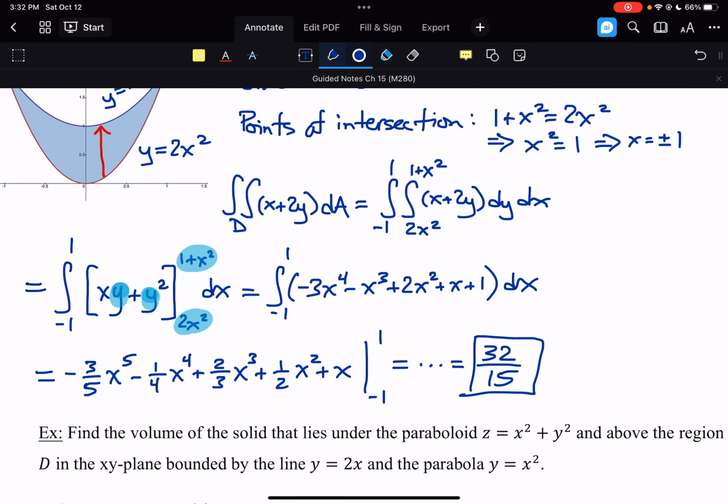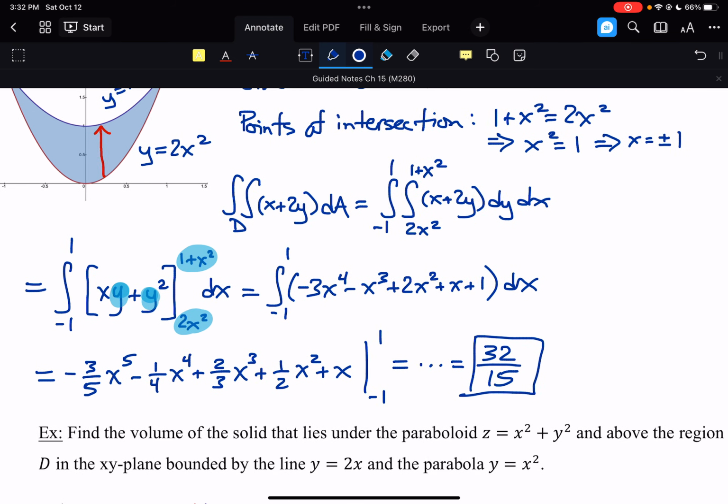The piece on the paraboloid that leaves is right here. So you can see if I line this up vertically that they line up right there. So we've got the volume under this red piece of the paraboloid but above that region. So that's this section right here. So we're looking for the volume of that object. Let me get rid of the rest of the paraboloid. So this object right here.